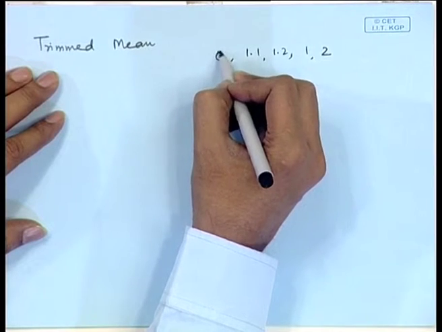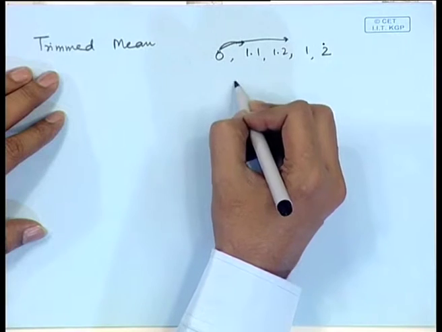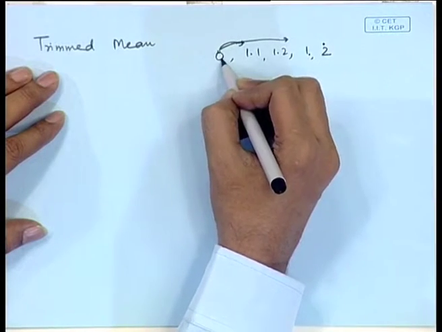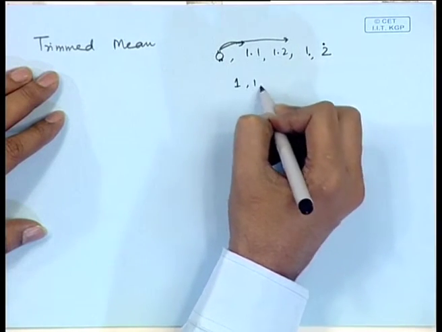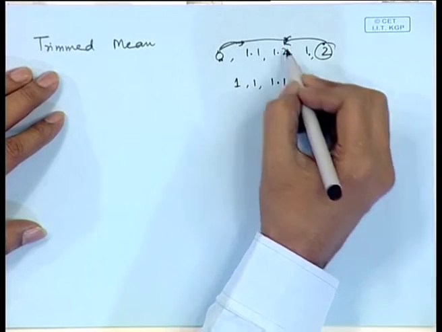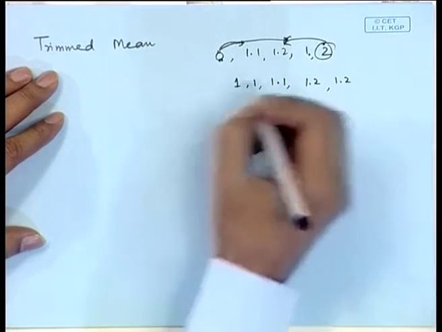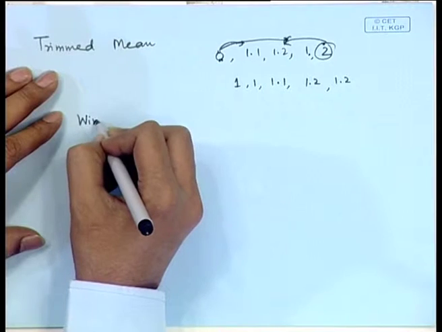Then I convert this 0 also to 1. So, I will write the lowest value is 1, and below that this is 0, so I will convert this as 1. So, 1, 1, 1.1, 1.2 and this 2 I bring down to the next value, that is 1.2, and then take the average. This is known as Winsorized mean.